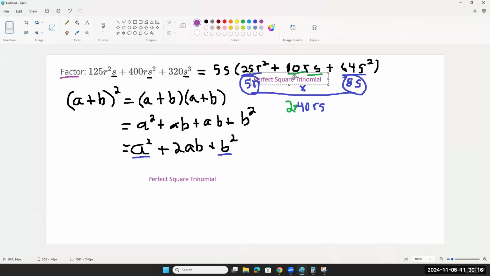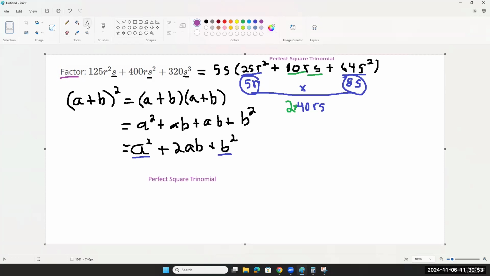And in fact, what we have in this case, ignoring the 5S out here, we have a perfect square trinomial. Now, one clue that this is a perfect square trinomial: if you check the first number and you can find its square root, and if you look at the last number and you can find the square root easily, you probably have a perfect square trinomial.